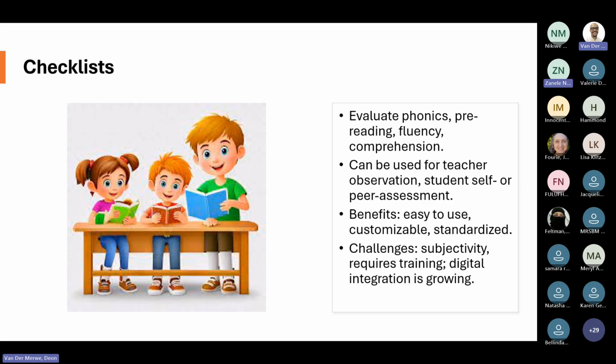So it is important that you assess early skills like phonics and phonemic awareness. It is important that informal reading inventories that is applied is used to track fluency and comprehension.